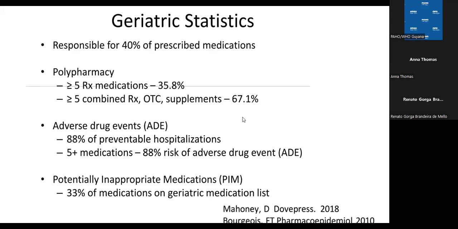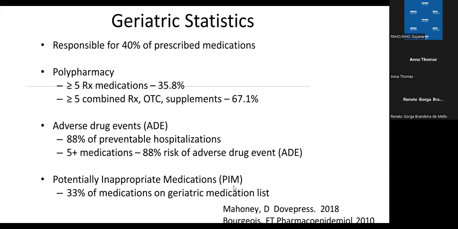Hospitalizations caused by adverse drug events can be preventable in 88% of the cases. 88% is almost a magic number here.